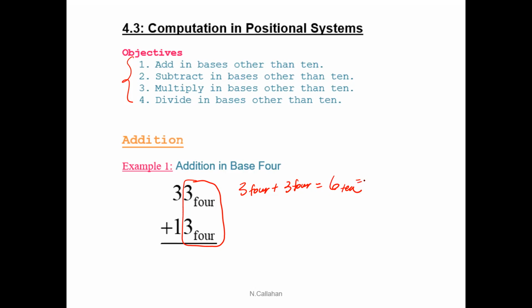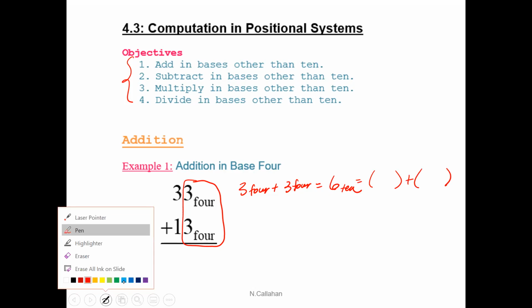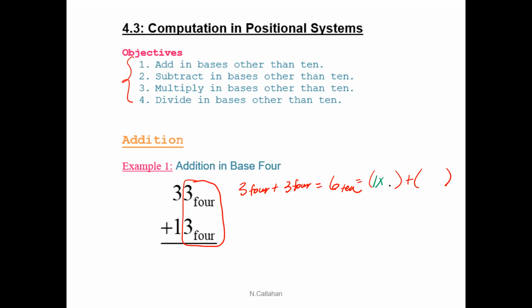So what you do in this situation is start off with a 1 times, and this has to include the base of 4. So 1 times 4 is 4. Then how do I get to a 6? This last number has to be a 1.